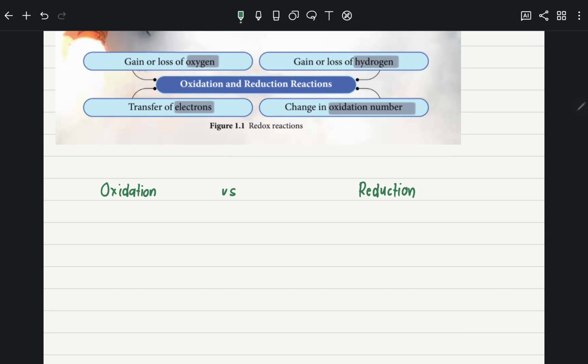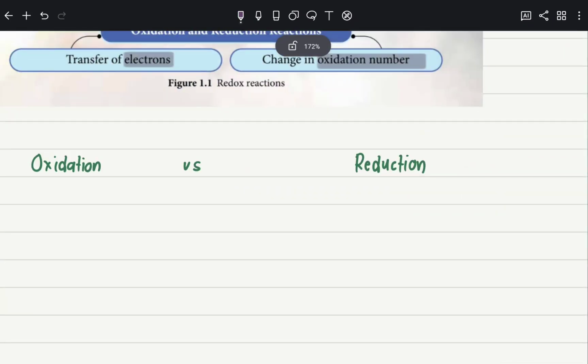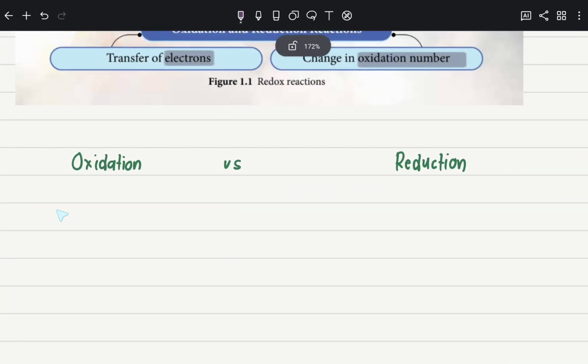First one, oxidation. In terms of oxygen, the process itself tells it is oxidation. So dia suka oxygen ke or benci oxygen? For sure it suka oxygen. So oxidation gain oxygen. So kalau dia gain oxygen, the opposite side reduction will lose oxygen.